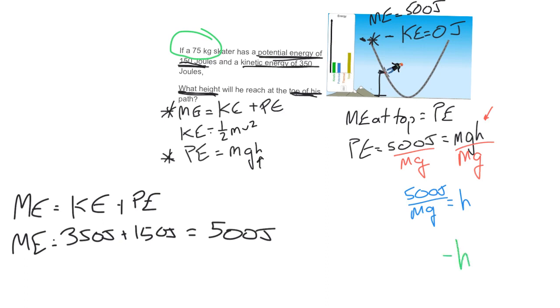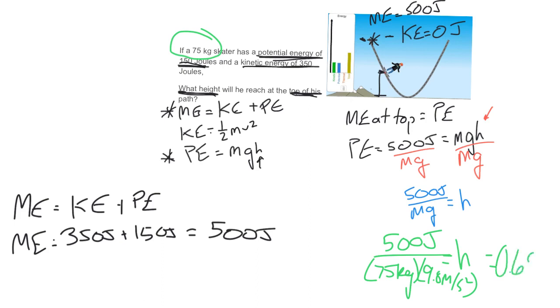So h equals 500 joules divided by 75 kilograms times 9.8 meters per second squared. And my height in this problem is not very high at all, 0.68 meters would be the answer to this problem, would be my height.